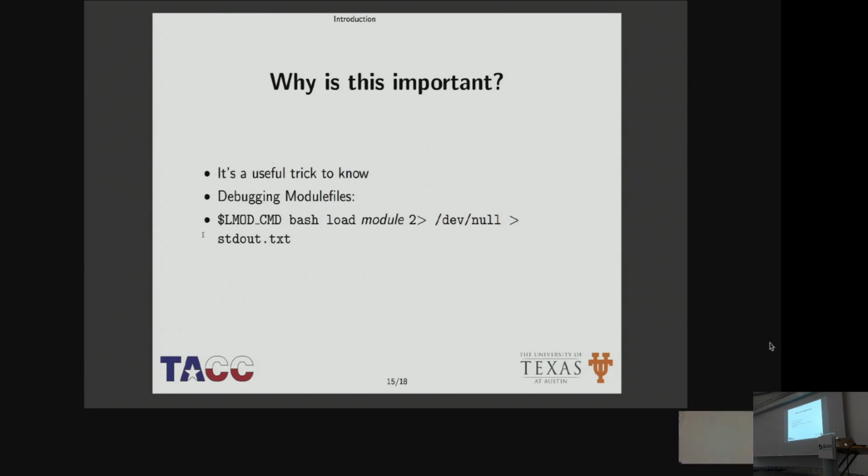So you can do this repeatedly, and you can add print statements to the module file to see some state. I had somebody who was doing some complicated table that controlled when they were in load mode and unload mode and wanted to know what was going on. This is a good way to debug this.